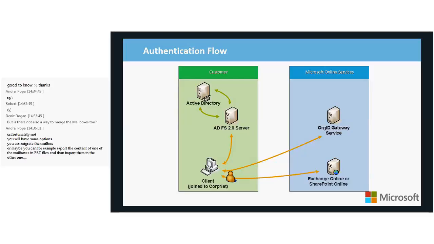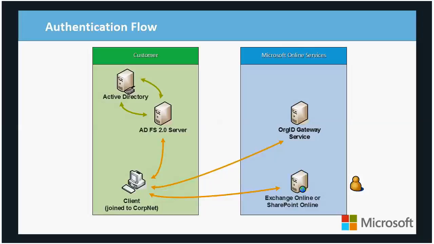So first, the web is fairly simple. We open a browser and we try to authenticate to Exchange Online or SharePoint Online. Then Exchange Online would say, okay, in order to use the service, you need to authenticate. I am a service, I am not able to authenticate you. Please go to Azure Active Directory for authentication. So then the browser goes to Azure Active Directory and says, hey, I want to access Exchange Online.